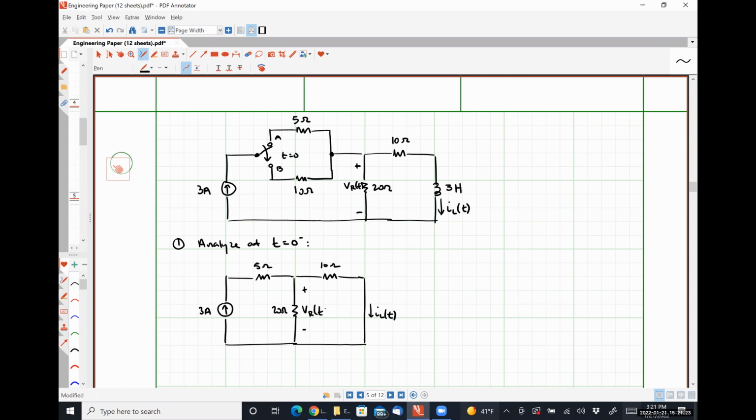Here's IL at 0 minus and VR at 0 minus. That shouldn't be an L, that should be an R. My apologies. All right. Anybody care to venture a guess as to how we could solve for either of these quantities?